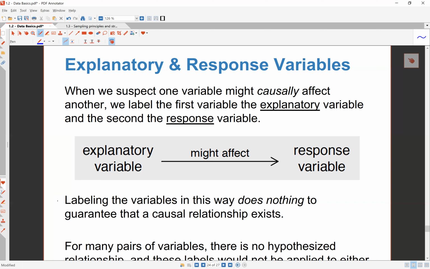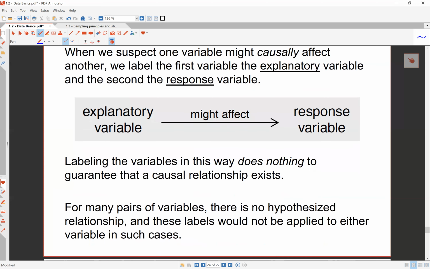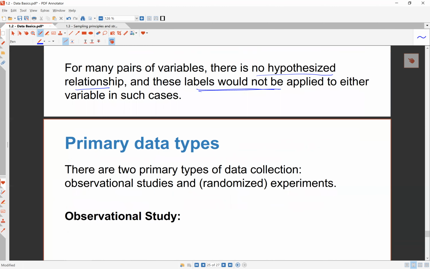So you can very often figure out, if there is a causal relationship, which variable is the explanatory variable and which one is the response variable. And in other cases, there's just no hypothesized relationship. And if there's no hypothesized relationship, do not apply labels in such cases.